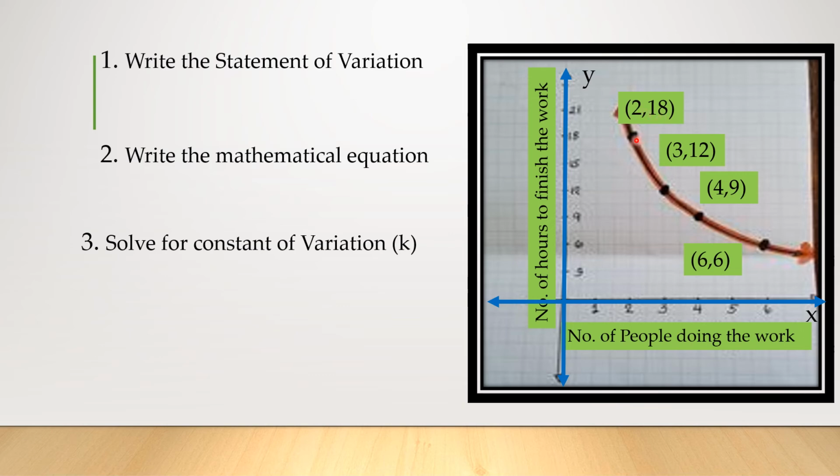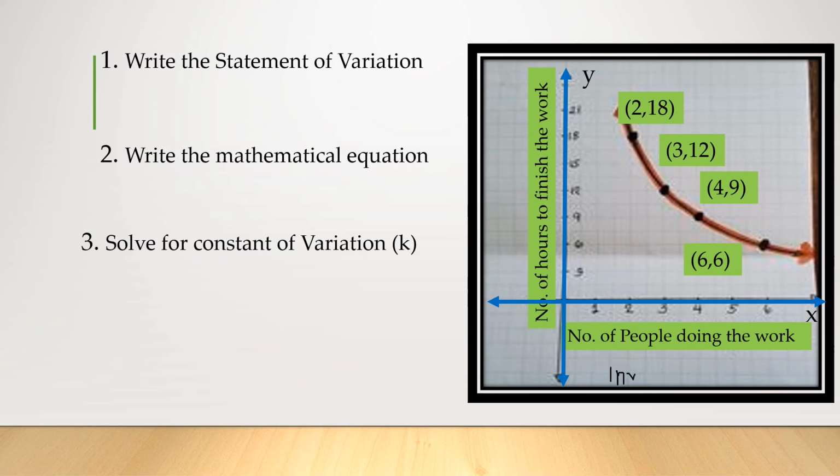If x is 3, the value of y is 12. If x is 4, the value of y is 9. And if x is 6, the value of y is 6. As the value of x increases, the value of y decreases, which means that this is inverse variation.